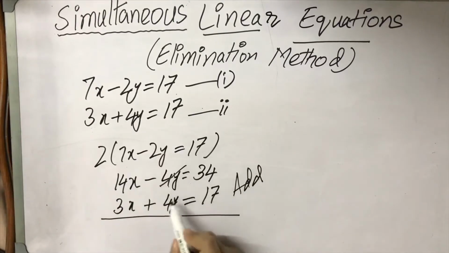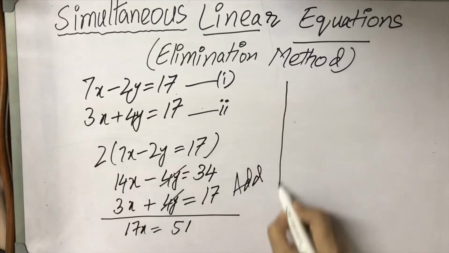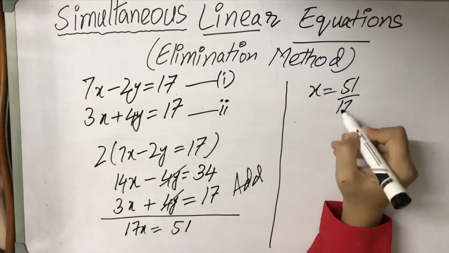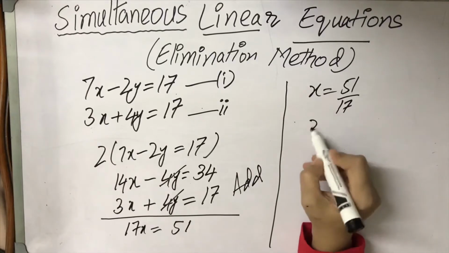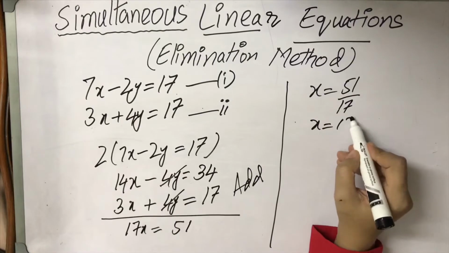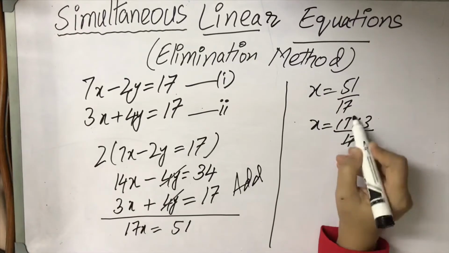Minus 4y will cancel positive 4y. 17x equals 51, and the value of x will be 51 over 17, that is 3. 17 multiplied by 3 is 51, so the value of x is 3.